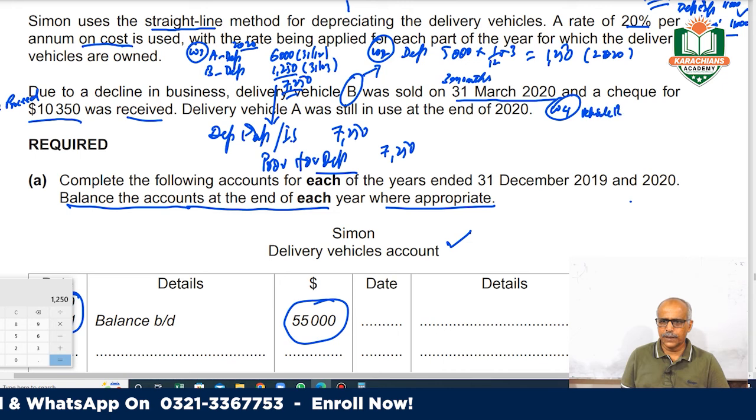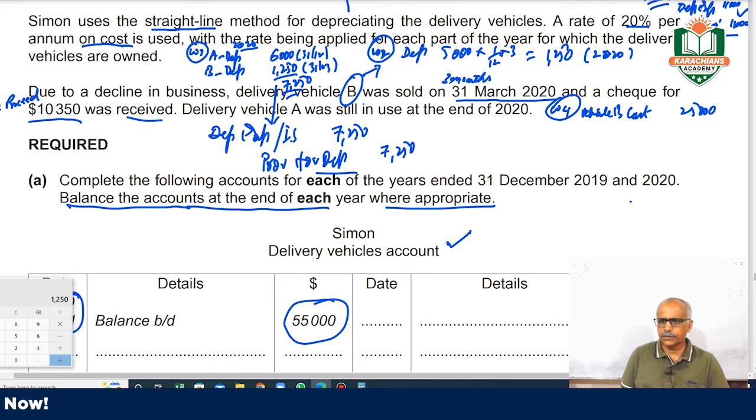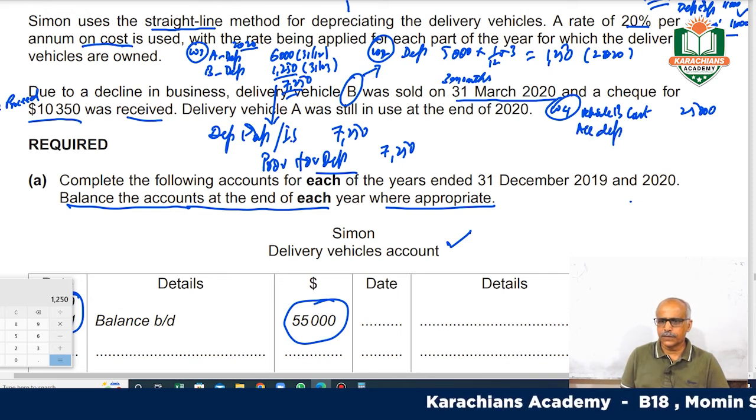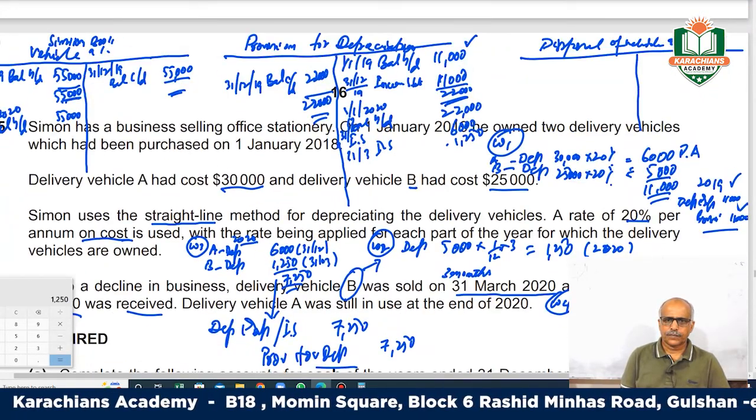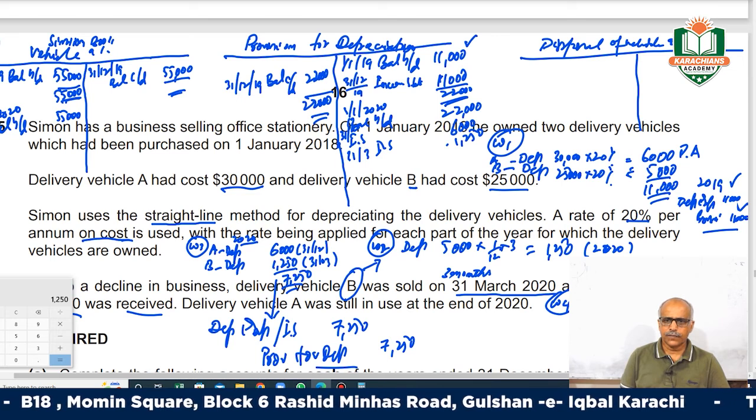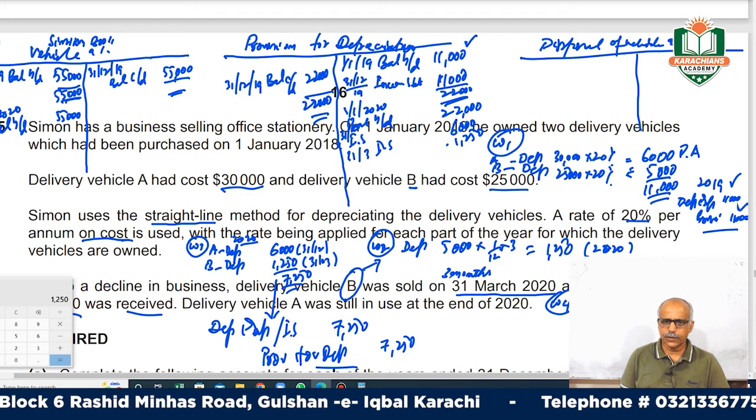So vehicle B cost is 25,000. Accumulated depreciation is how much? 5,000 here and 5,000 here. Sorry, here.